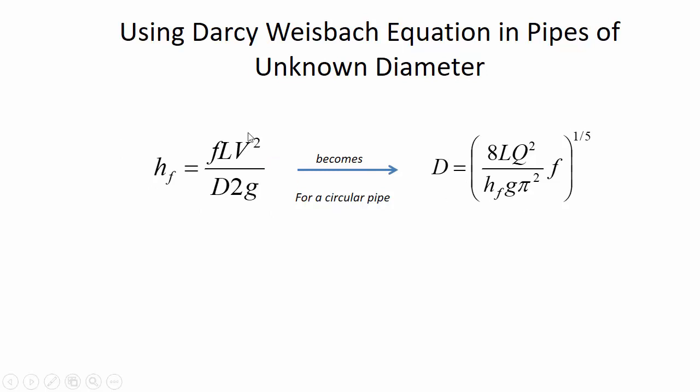So here, instead of V in the Darcy Weisbach equation, what we did is we substituted in Q, because in the Darcy Weisbach equation, remember that V is Q divided by area.